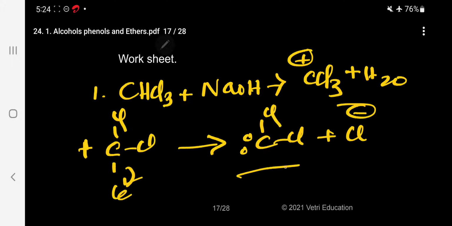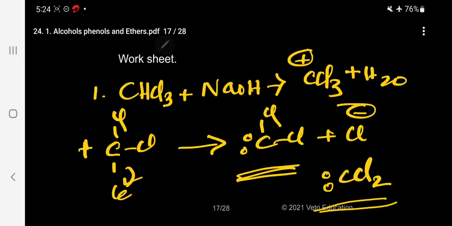So the attacking species is CCl2, a neutral electrophile. Having a lone pair, it is going to attack the phenol. So this is the correct answer.